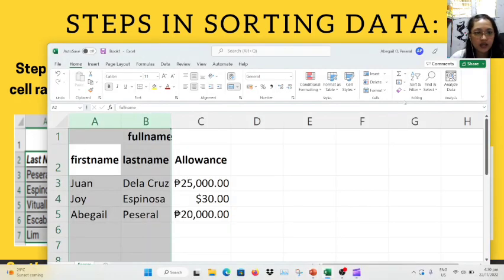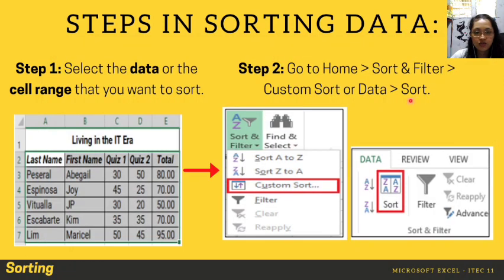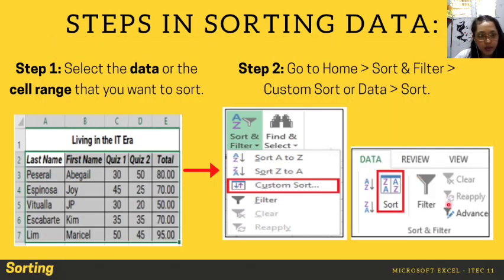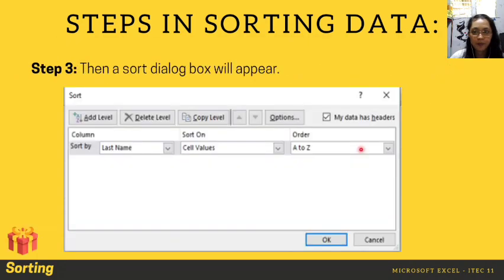So akong gipakita ganiha, you can see the sorting in the home tab and sa editing group. And you can also sort and filter. So sa ako is editing, sa uban is sort and filter nga group. So that one. So to sort that one.